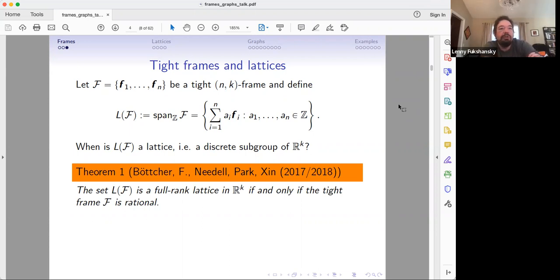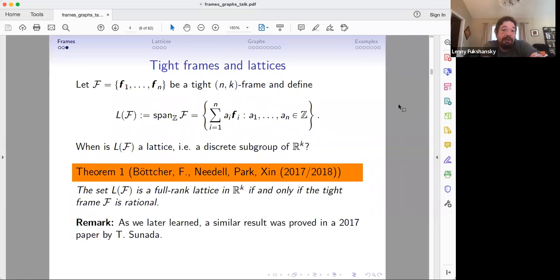We prove it in more than one way: in case my F is a tight frame, then this set is a full rank lattice if and only if the frame is rational. After we proved it, we discovered that a similar result was proved even slightly earlier by Sunada. His proof is quite different from ours. In particular, ours is a lot shorter.